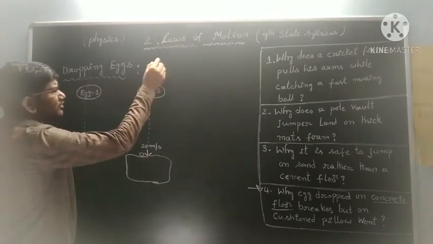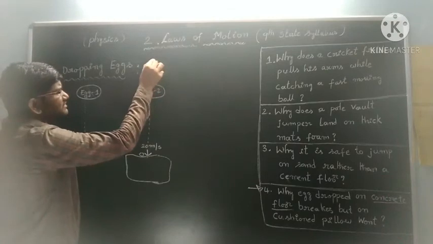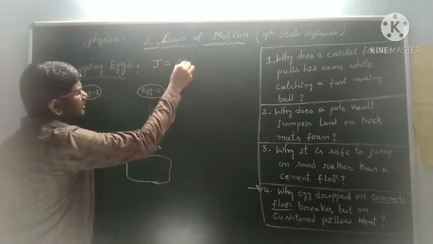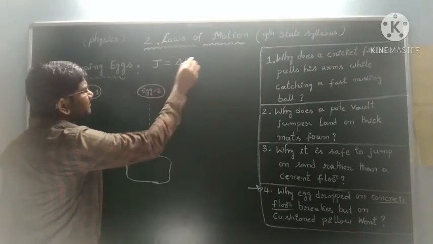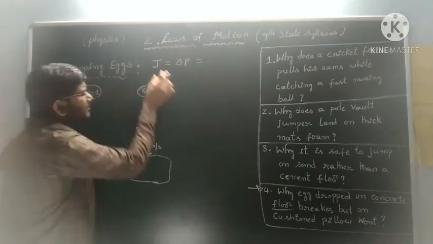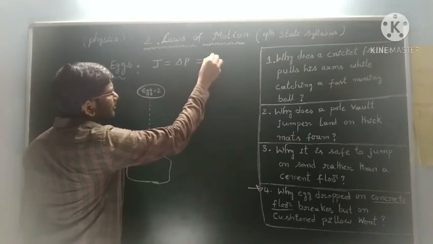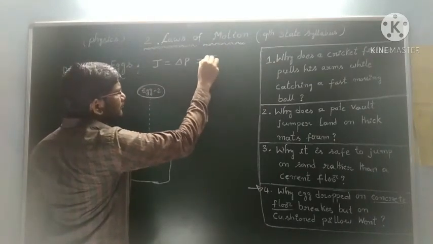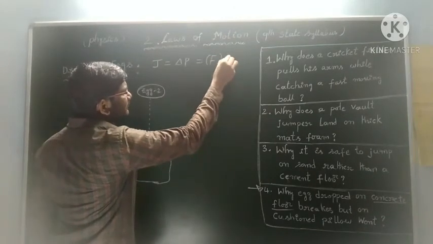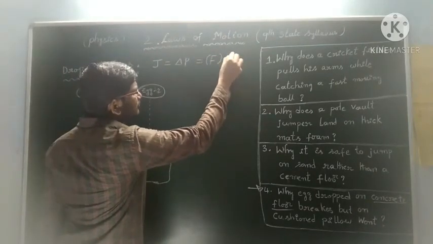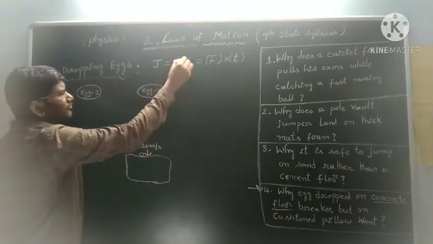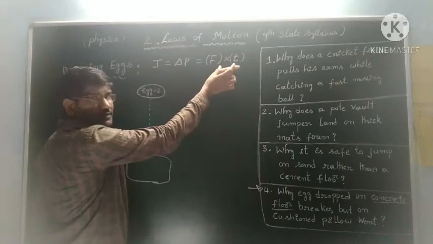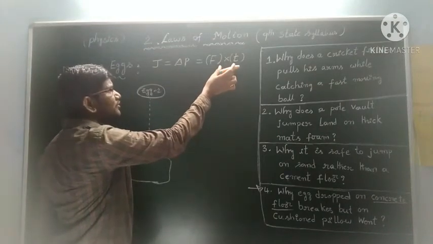And we know, children, impulse J is equal to change in momentum. Impulse is equal to the product of net force. Single force won't exist, net force only. It's a product of force into time. So if we want to give some change in momentum, we should give that as the product of force into time.